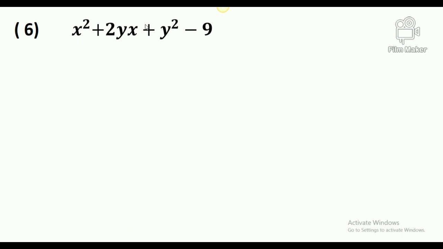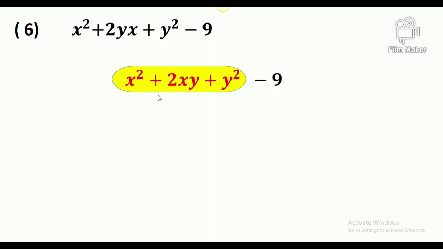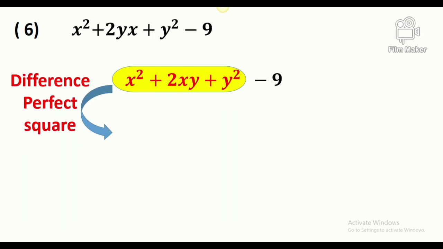Note, these three terms are a perfect square. You can factorize the three terms by the root of the first and the root of the third and the sign of the middle term. Root of the first, x power 2 square root equals x, square root of y power 2 equals y, and the middle sign positive.